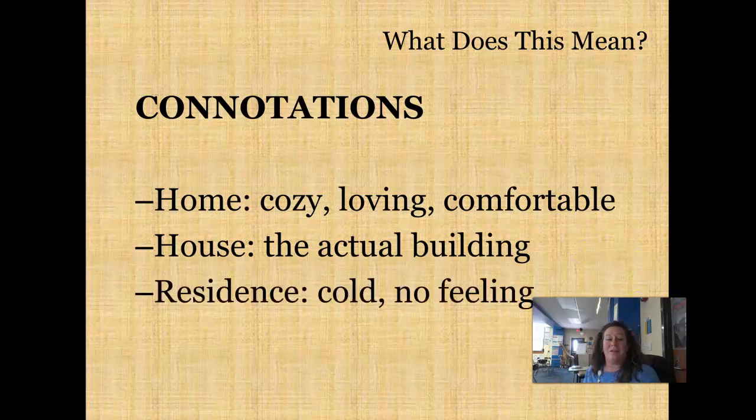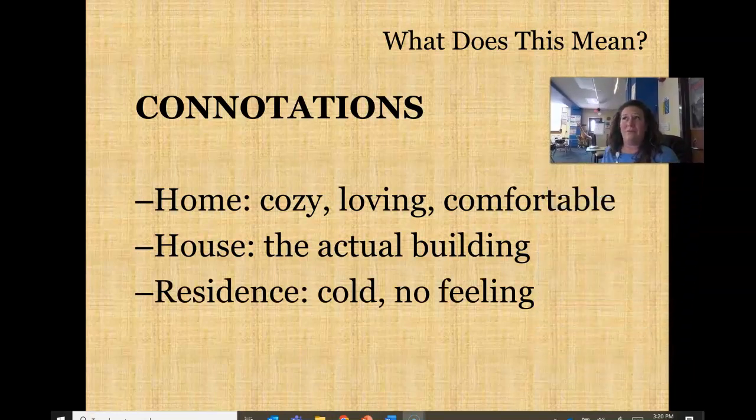Now, if I talk about the residence, that's going to be very cold. It's not going to have a lot of feeling to it. When I see the word residence, a lot of time I think of like college, and you live in a residence hall, it's a residence. There's cinder block walls, and you kind of have to make it your home.